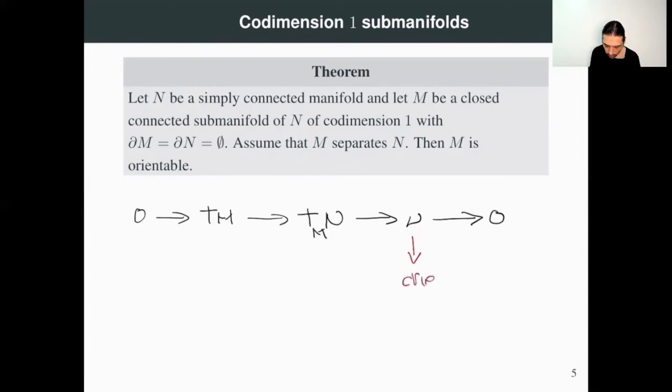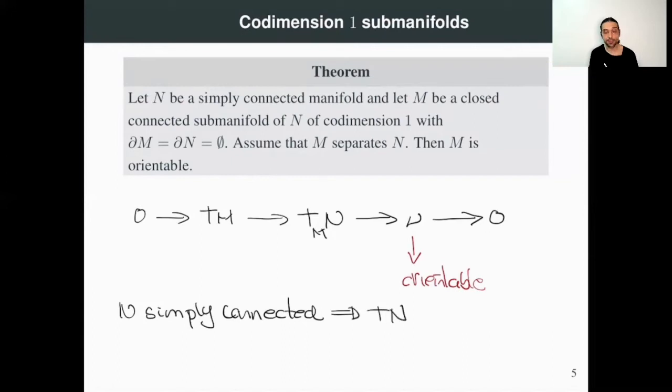Okay, so this vector bundle over here is orientable. We have another interesting property too, that N is simply connected. But every vector bundle over a simply connected manifold is always orientable. So that implies that the tangent vector bundle of N is orientable. But the restriction of this vector bundle to a submanifold is also going to be orientable.